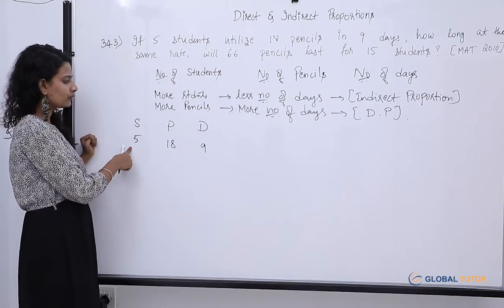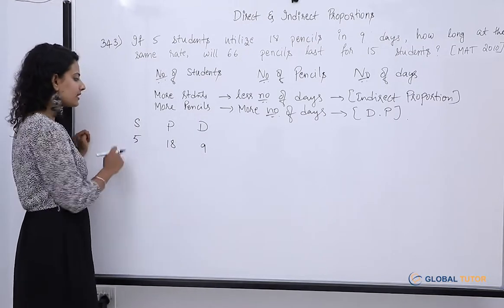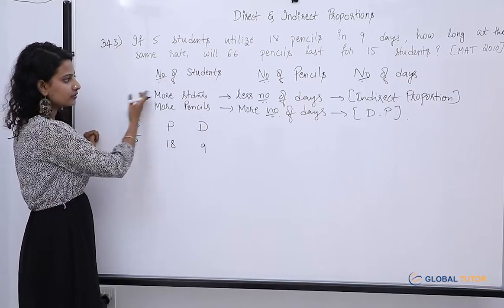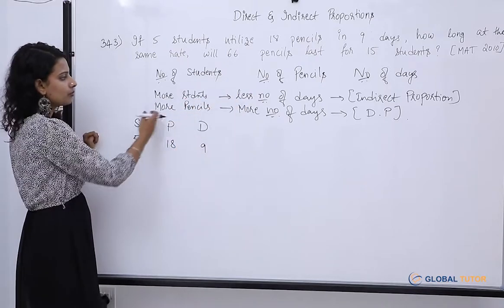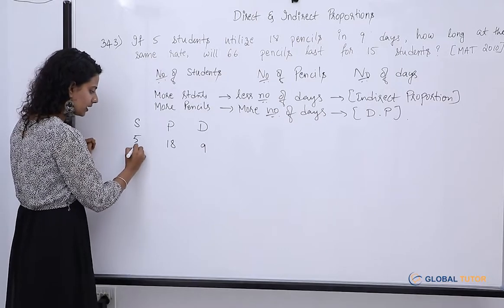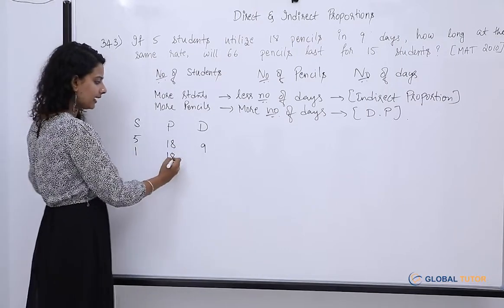So, more number of students, less number of days. What happens if there are less number of students? Then the number of days will increase. Because we just discussed here, more students, less number of days. More pencils, more number of days. So, if number of students become 1, then the pencils will remain 18.